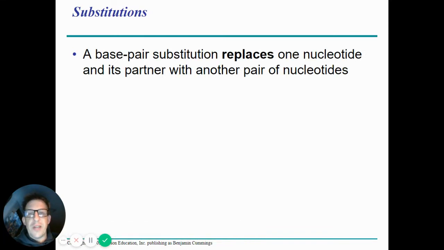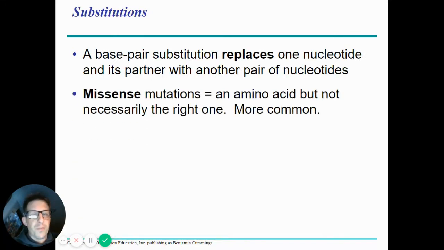So base pair substitution, as I mentioned before, replaces one nucleotide and its partner with another pair of nucleotides. So let's say one of the nucleic acids that you had put down had an adenine attached to it, so it left an A in the genetic code. A mutation that would yield a base pair substitution would take that A and do nothing more than switch it for, like, a G. So instead of an A, there's now a G there.